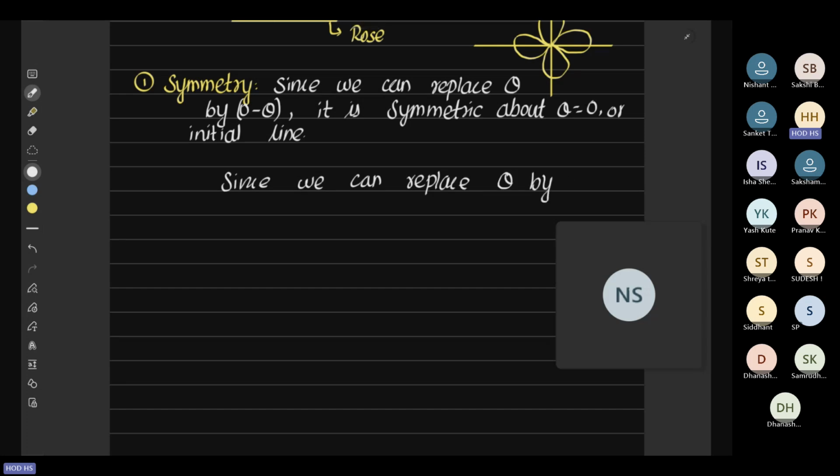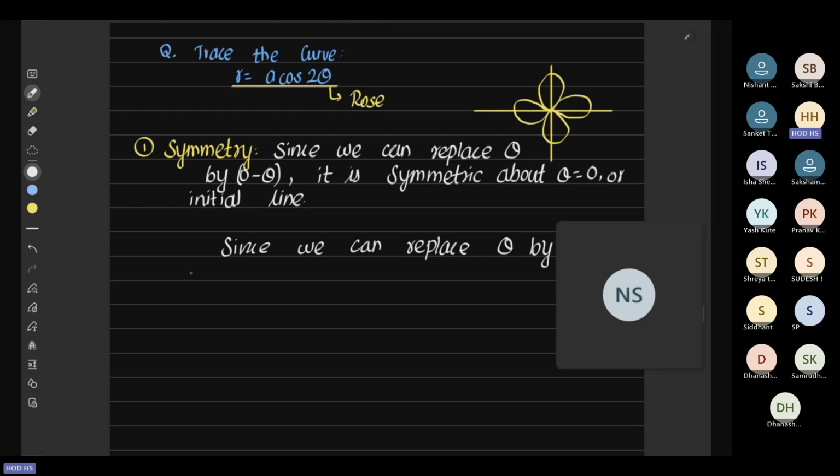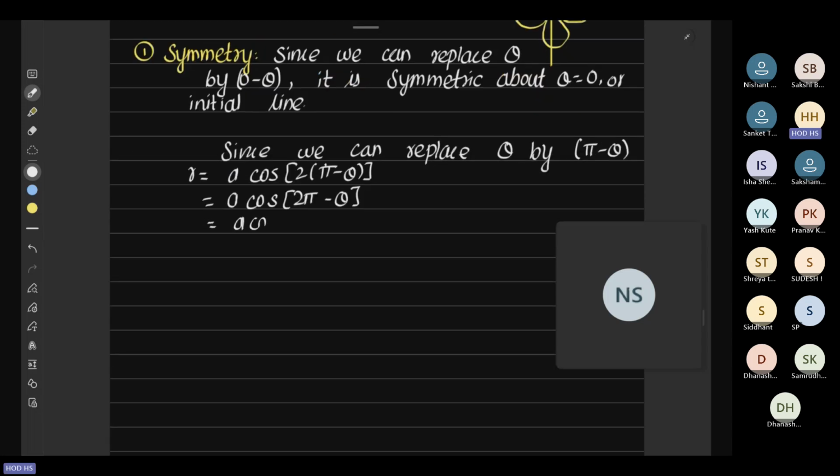If I replace theta by pi minus theta, it will be r is equal to a cos of 2 times pi minus theta, which is a cos of 2 pi minus 2 theta, which is again a cos 2 theta.